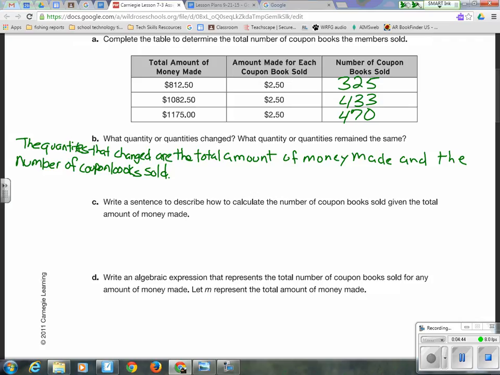Okay? So the quantities that changed are the total amount of money made and the number of coupon books sold.